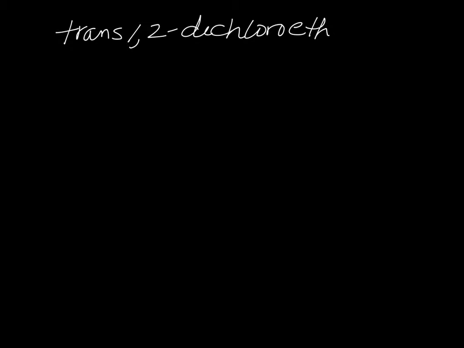So let's look at trans 1,2-dichloroethene. All right, so we know it's ethene, so we know that there's a double bond in between the two C's.